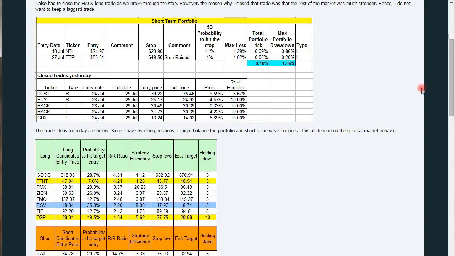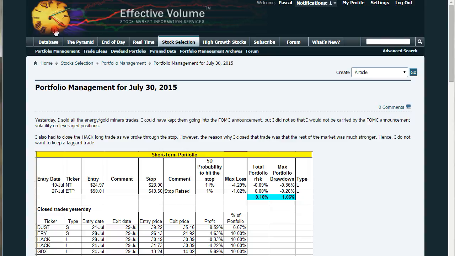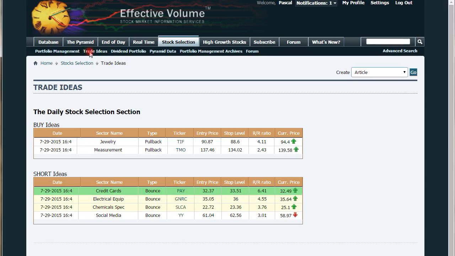Okay, so these trade IDs here will be uploaded in the trade ID section when the market opens. You see, these are the trade IDs of yesterday. When the market opens, the system starts monitoring all these trade IDs, and when one of them triggers, the system will send a specific alert email to all the subscribers to say, okay, something is happening.